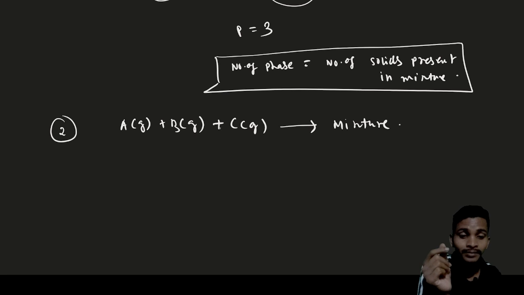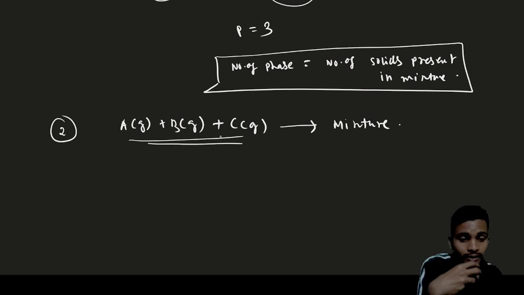It looks like everything is the same, only one thing. If you simply ask what you are seeing, I am seeing only one thing, that is gas: A gas, B gas, C gas.